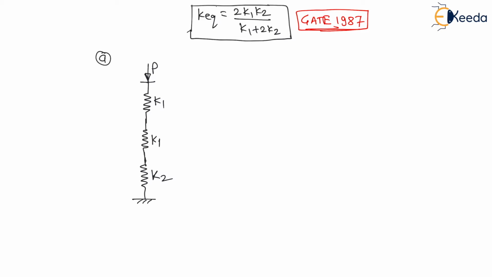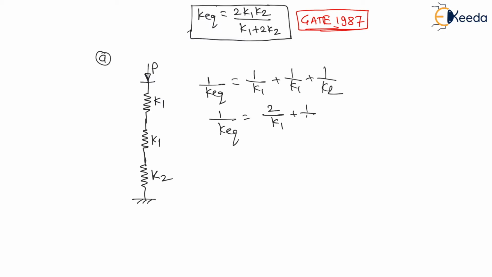For series, the equivalent stiffness is calculated as 1 upon k equivalent is equal to 1 upon k1 plus 1 upon k1 plus 1 upon k2. There are three springs, no? For the first spring k1, second spring k1, third spring k2, reciprocals will get added. Therefore 1 upon k equivalent is equal to 2 divided by k1 plus 1 upon k2.